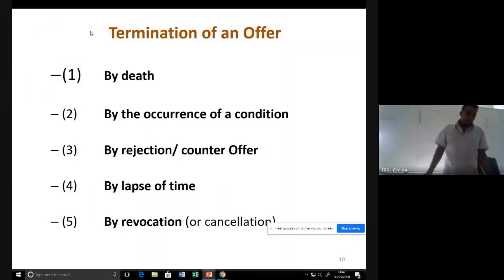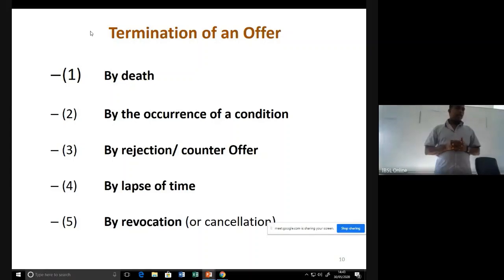Right? We'll give you an example. Say I have a car. I make an offer to a friend of mine named Nimal. I say, Nimal, I offer to sell my car for 5 million to you. That is the offer. Nimal is the offeree. Nimal says, no, I don't want to buy for that price.